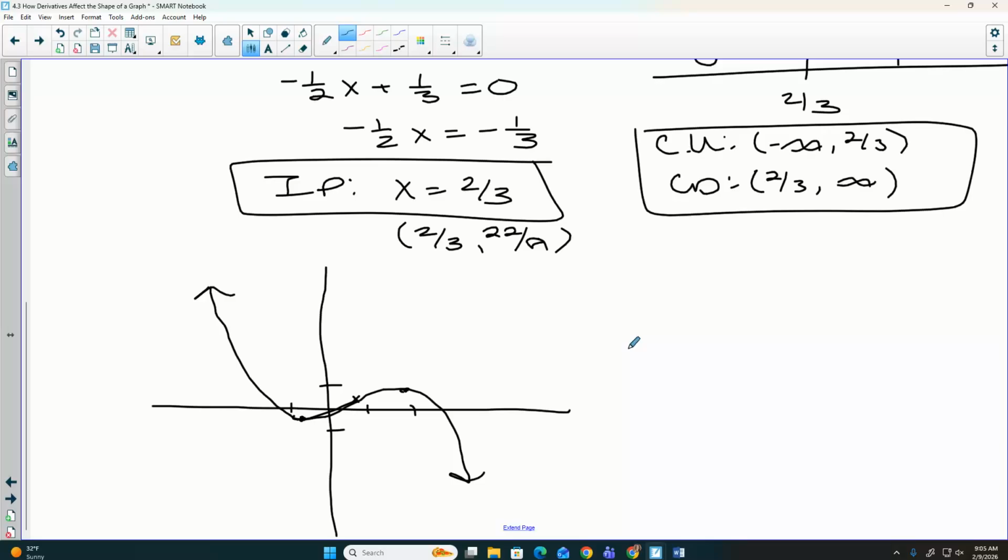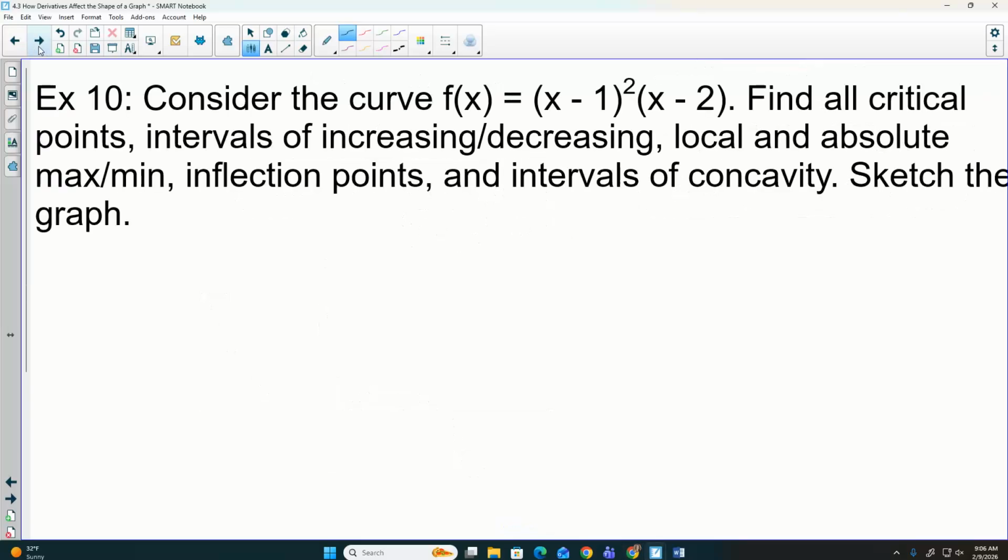Then let's get out that notes packet we were working on. I think we are ready for this one.